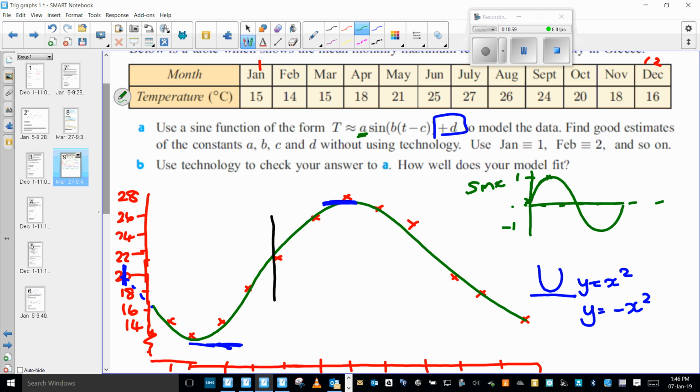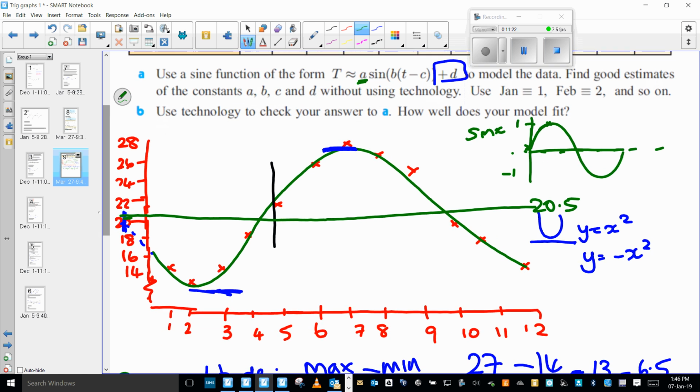If we're sticking with the fact that it is our sine curve, then we know our central line here is at 20.5. Are you happy with that? Now, this is what I was trying to ramble on about at the beginning. Here is where our normal sine curve starts. It normally goes up, down, and then up again.